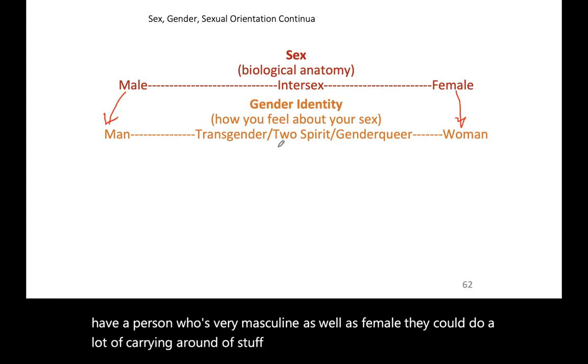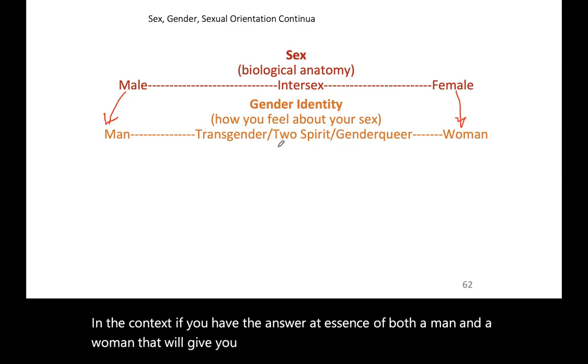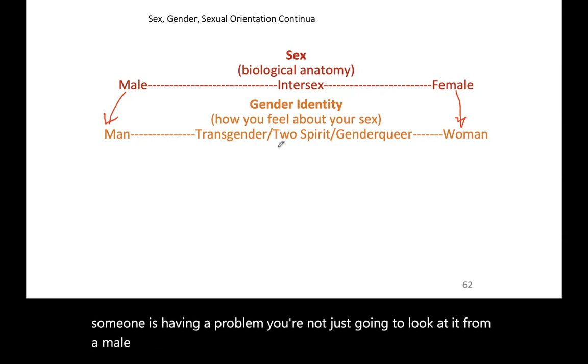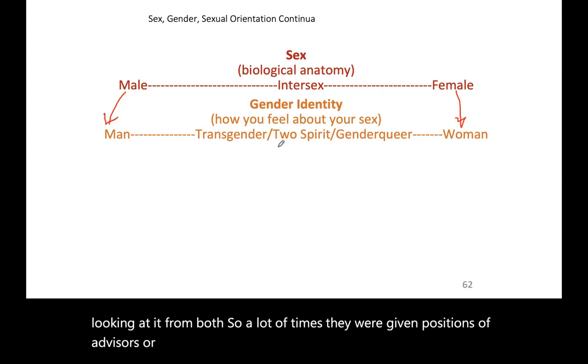But also, if you have the essence of both a man and a woman, that will give you a special, unique perspective when someone is having a problem. You're not just going to look at it from a male perspective or a female perspective. You're going to be looking at it from both. So a lot of times they were given positions of advisors or the like.